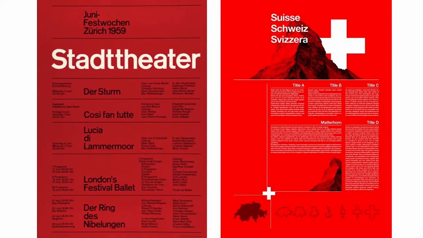You'll find box grids in magazines, brochures, posters, and even on websites, creating a clean and structured layout. They adapt to a wide range of design projects, from editorial layouts to branding and packaging. Box grids offer designers the flexibility to experiment with different content arrangements, making them a go-to choice for many.